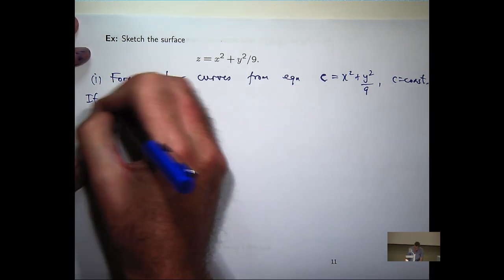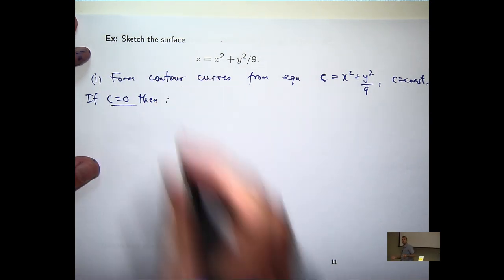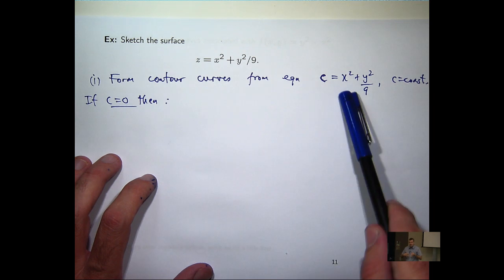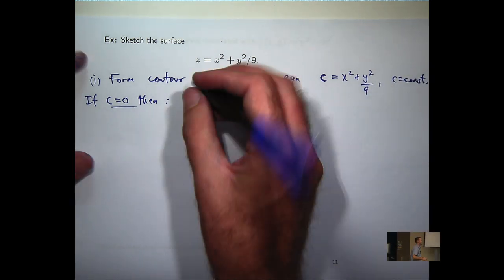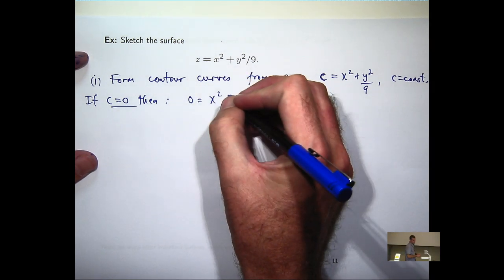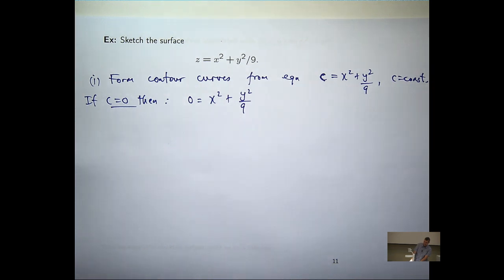So if c equals 0, then what are we going to get? Well, just replace c with 0, and you're going to get some sort of equation like this. So what's the solution to that bottom equation? What x and y satisfy that? Right, x equals 0, y equals 0.